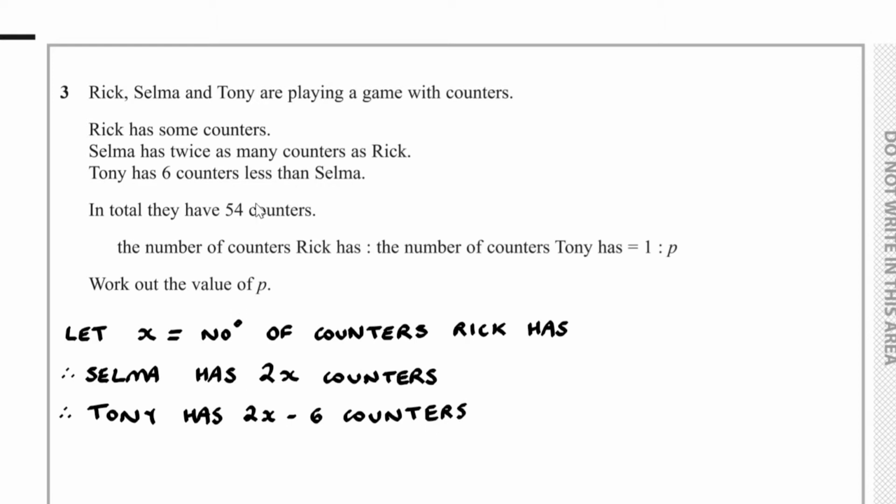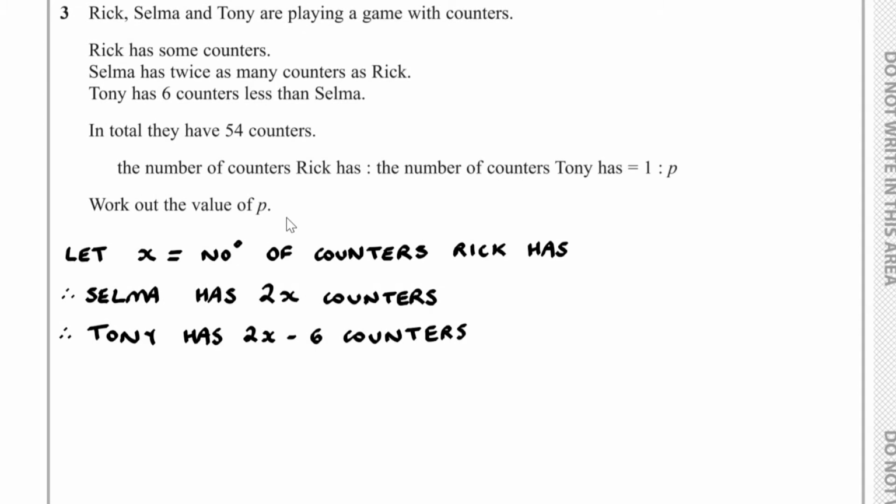And in total, they have 54 counters. And so therefore, we have x plus 2x plus 2x minus 6 equals 54.